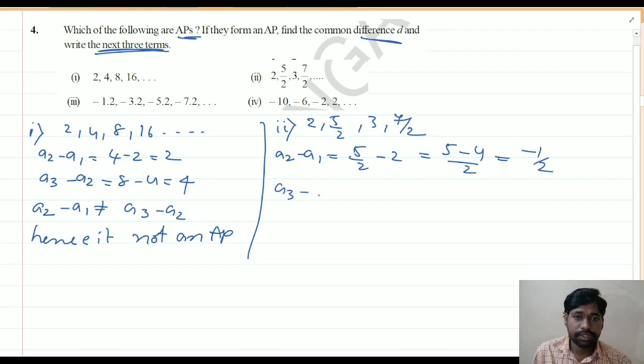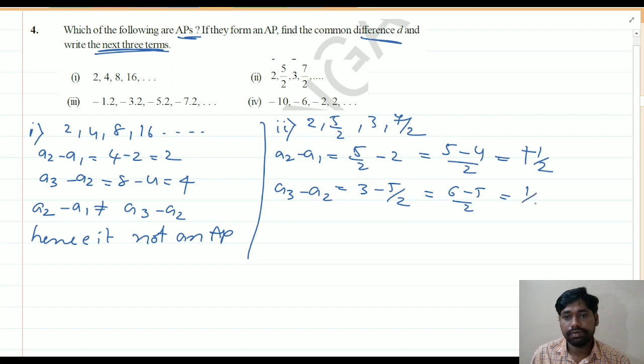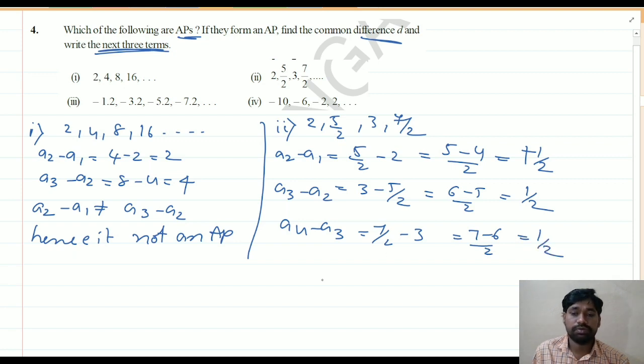Similarly, A3 minus A2, do it. What are we getting? 3 minus 5 by 2. It is 6 minus 5 by 2. It is 1 by 2. A4 minus A3 is 7 by 2 minus 3, that is 7 minus 6 by 2, which is also equal to 1 by 2.